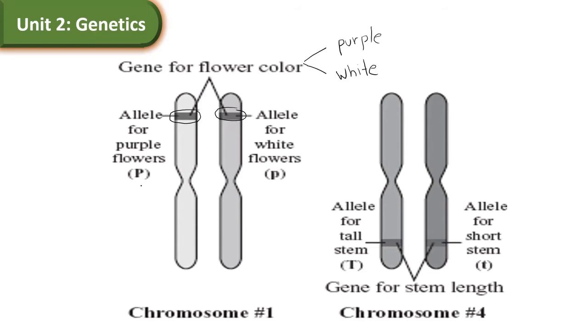The allele for purple flowers is found here, and the allele for white flowers is found here. This area is what we call your locus. Your locus is the area or location on your chromosome where you can find that specific allele.